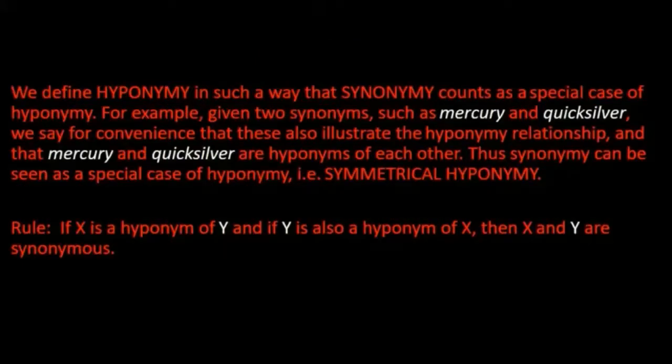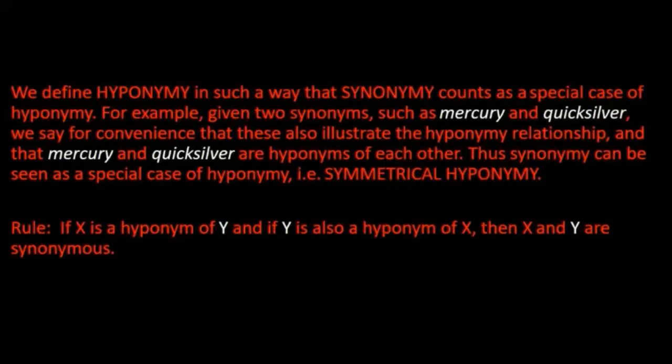We define hyponymy in such a way that synonymy counts as a special case of hyponymy. For example, given two synonyms such as mercury and quicksilver, we say for convenience that these also illustrate the hyponymy relationship, and that mercury and quicksilver are hyponyms of each other.